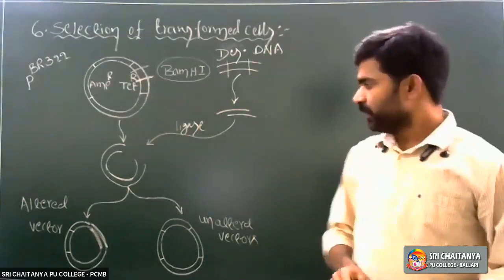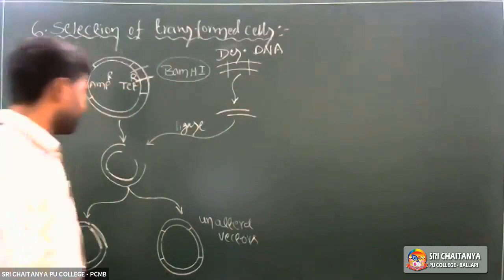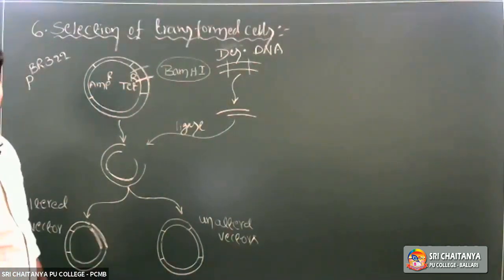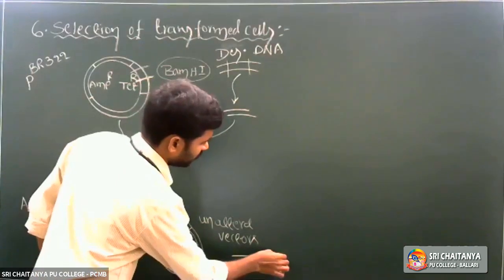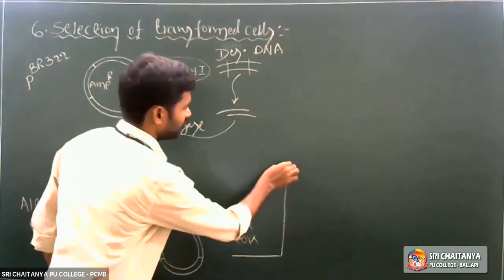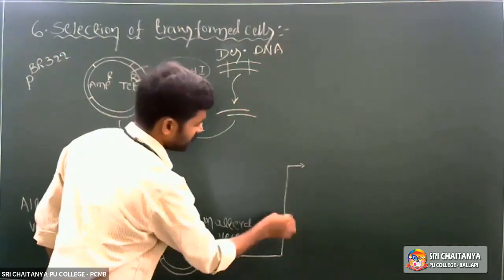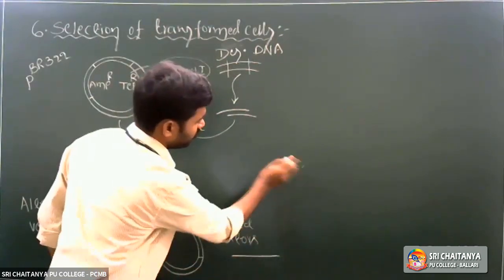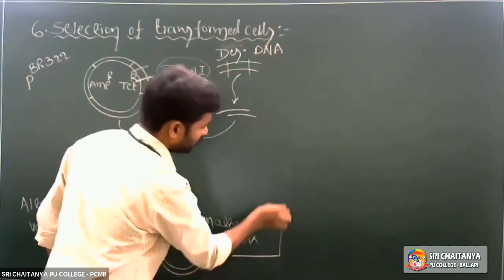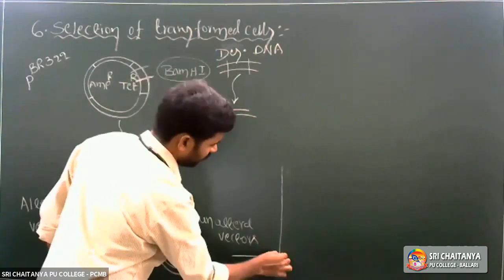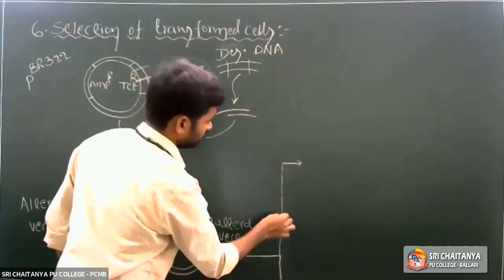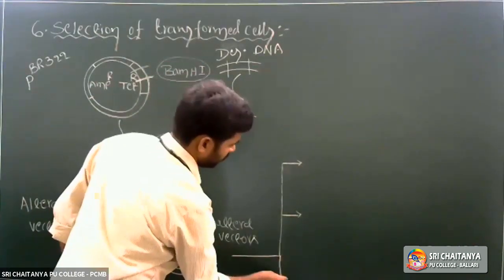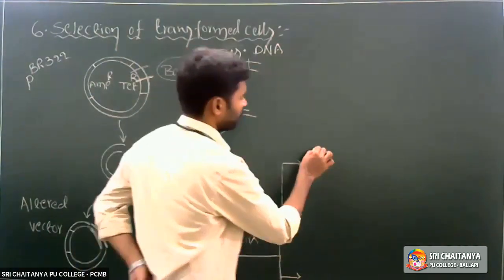Then these two types of vectors, altered and unaltered vectors, are transferred to the host cells.